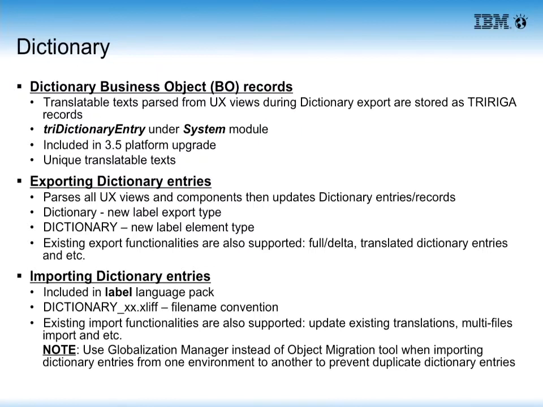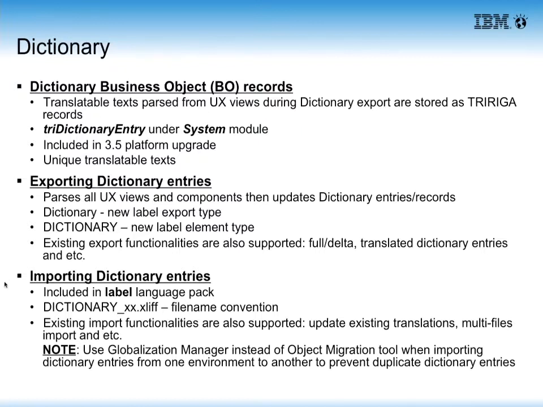As we will see later, we have added a dictionary type under the label drop-down of the export tool. So existing features of this tool are also applicable to dictionary labels, like doing full versus delta export, exporting translated labels, and so on.